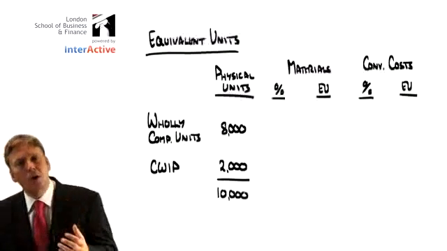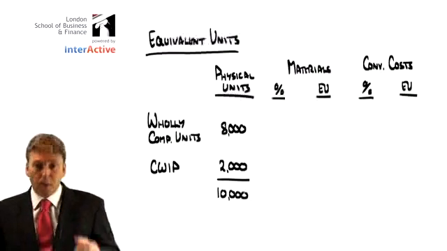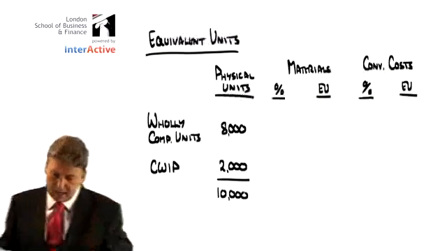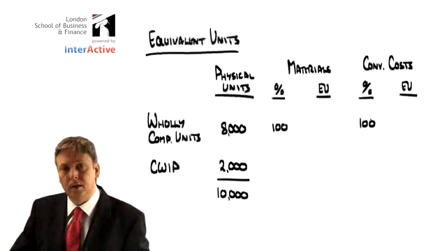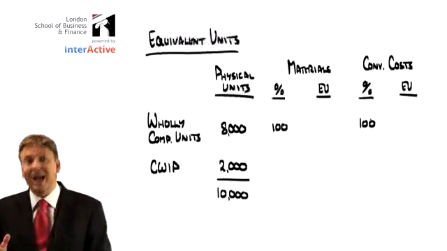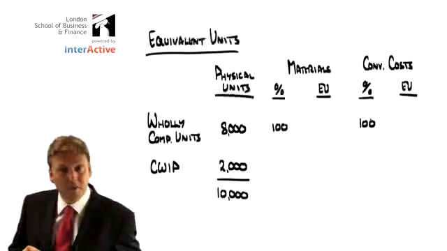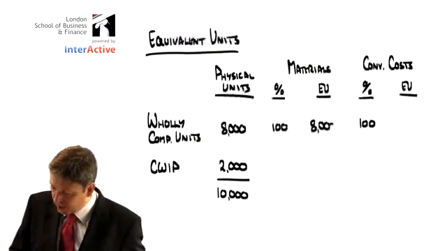If we're looking at wholly completed units, we know that we've completed them and sent them to the following process. If that's the case, we would have to see that they are 100% complete with regard to both materials and conversion costs. Otherwise, we're going to get some complaints from the following process. 100% of 8,000 I can do.